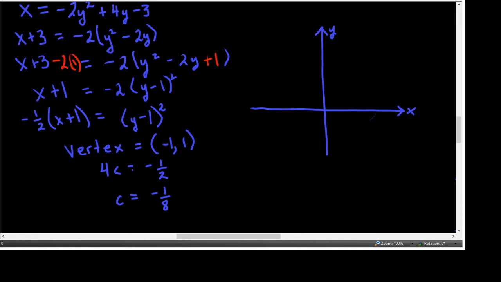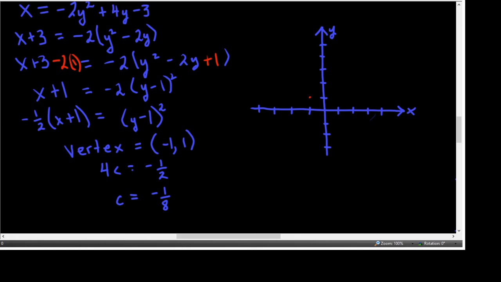Okay, since C is really small, you might notice that my marks on the axis are a little bit further apart than I use sometimes, because we're going to be estimating that distance of 1/8 in the negative direction to get to the focus from the vertex. Okay, so now that that's all set up, let's plot the vertex at -1, 1.